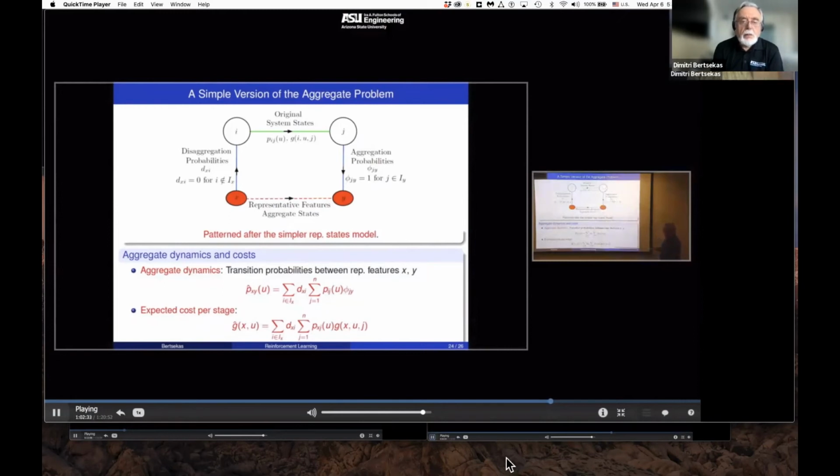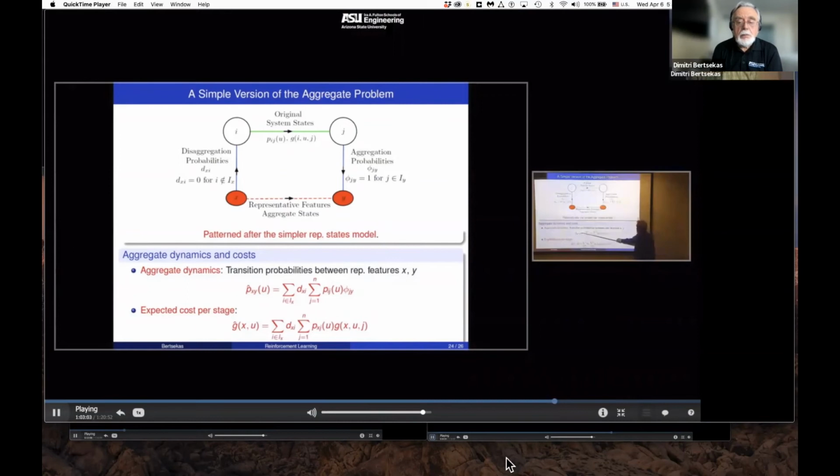However, this gives you a legitimate aggregate problem, but it is flawed. Can you tell why it might be flawed? These transition probabilities assign a u to all the states that correspond to x, okay?